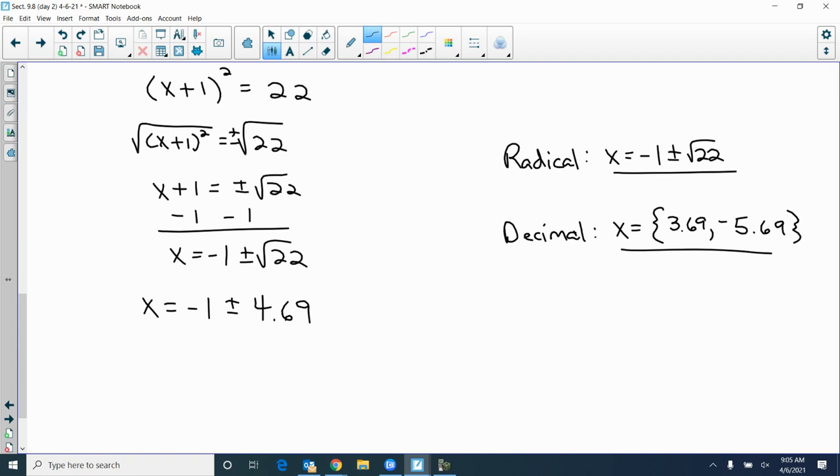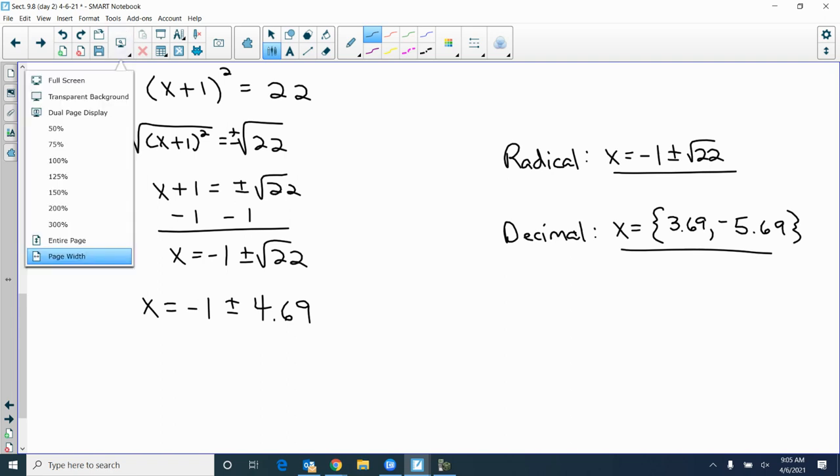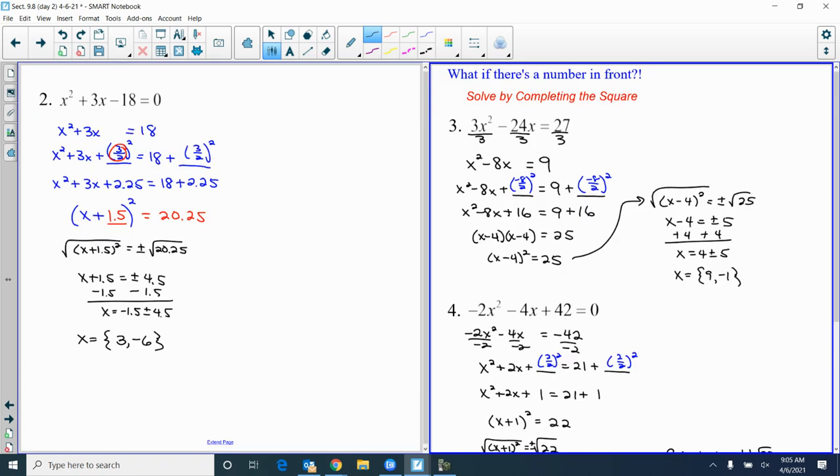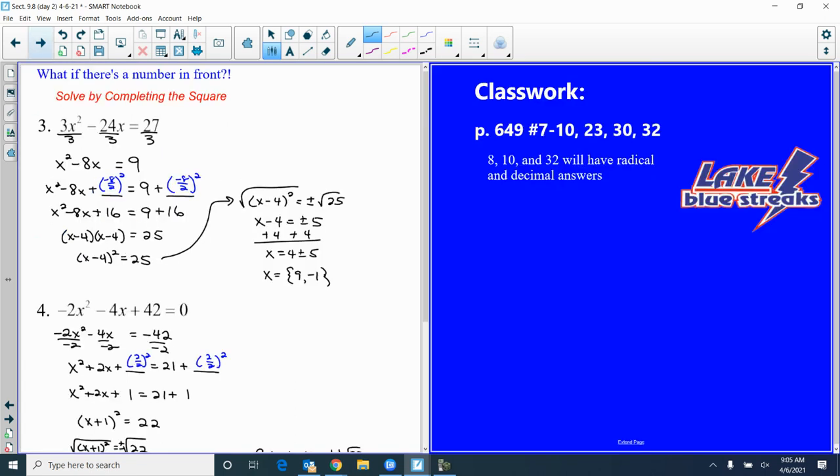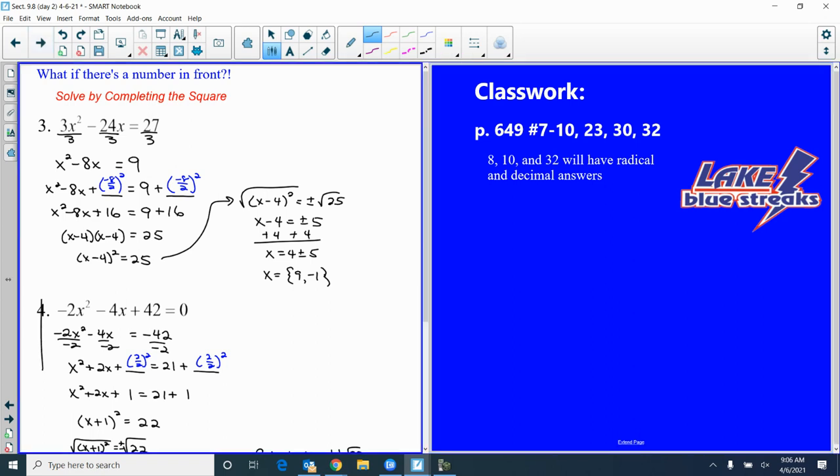All right, so I kind of give you the key clue to how that's going to work. You're going to end up with a radical and a decimal, so I give you both answer blanks. I want you to get started here so we can give you a little bit of help. Okay, 7.